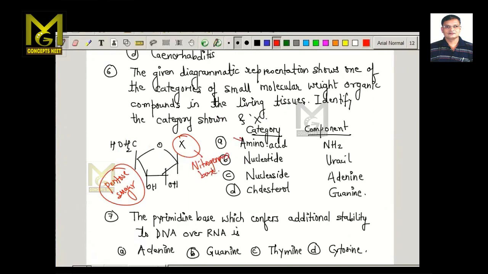We cannot accept this answer because they have written amino acid, and even this is wrong because this is not a cholesterol molecule. So the answer has to be either B or C. Now what is the structure of a nucleotide? A nucleotide should have a sugar, a nitrogenous base, and a phosphate. There is no phosphate shown in this case, so even this is eliminated. So the correct answer is that this is a nucleoside and this is an adenine nitrogenous base. Therefore the correct answer in this case is C.